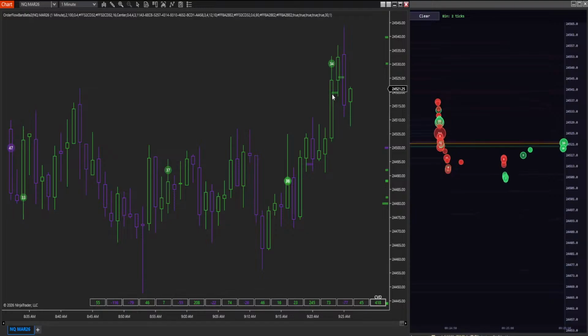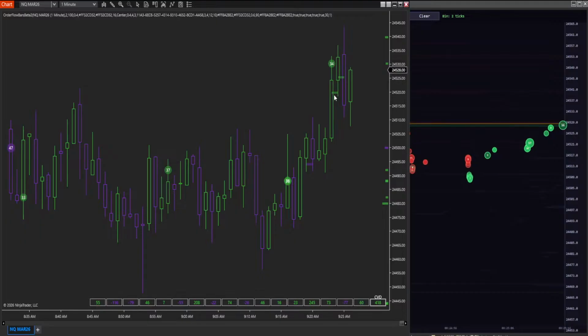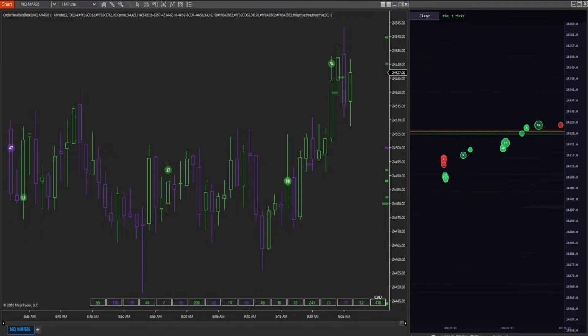That buy imbalance right there was good because it was half of the candle. Yeah, somehow I got disconnected and reconnected. Guess we're good.